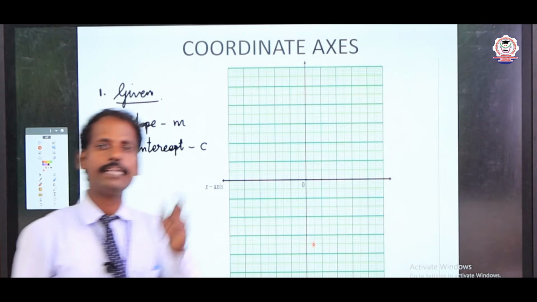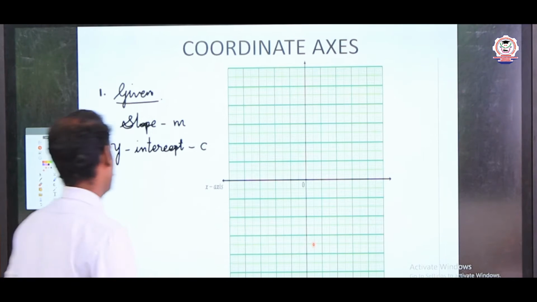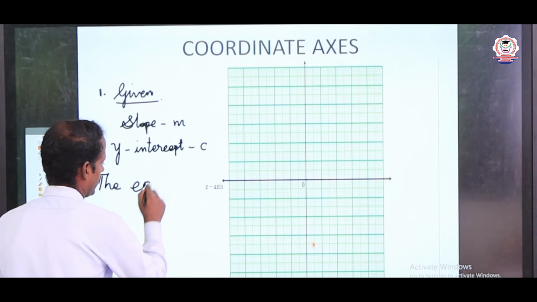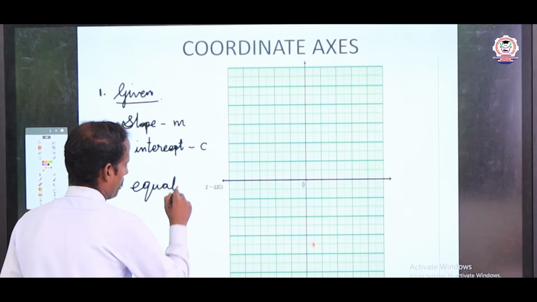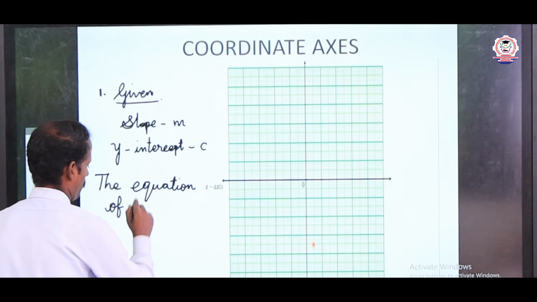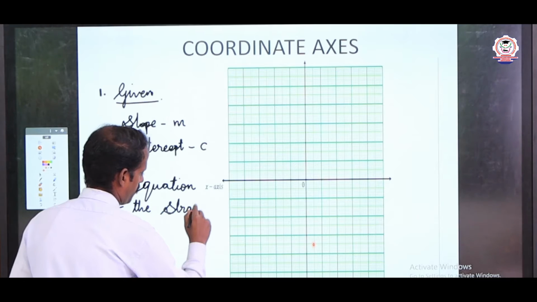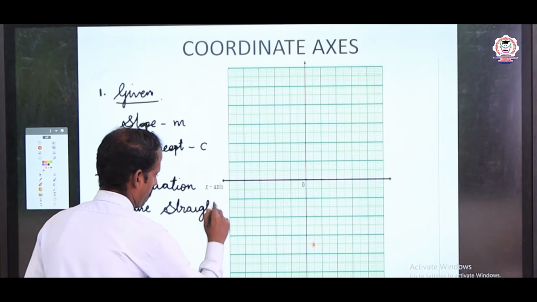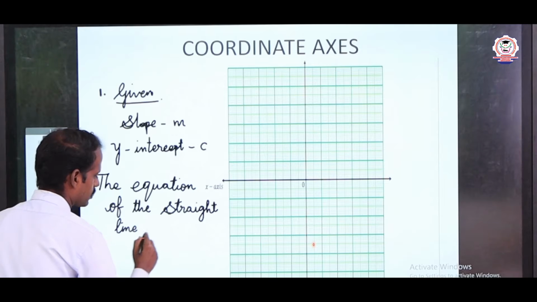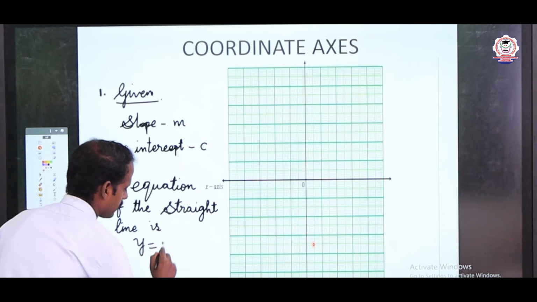Now we can find the equation of the straight line: y equal to mx plus c.